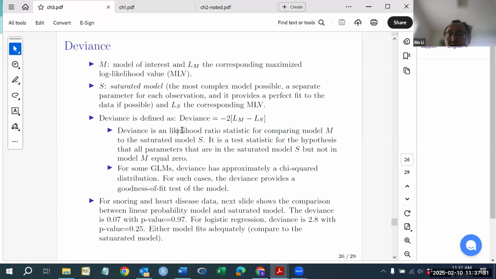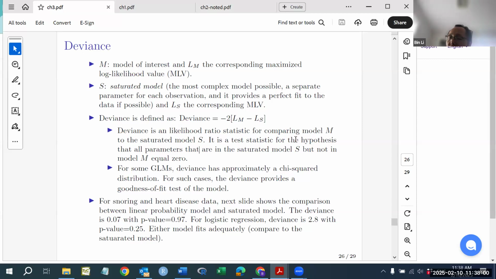So the deviance is a likelihood ratio statistic that compares the model of interest to the saturated model. This can be used as a test statistic, although most of the time we don't use the deviance to do the test directly.